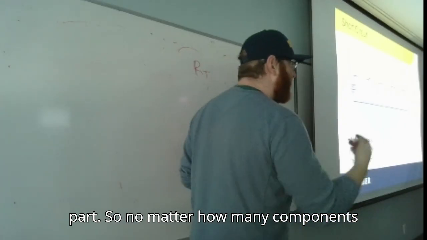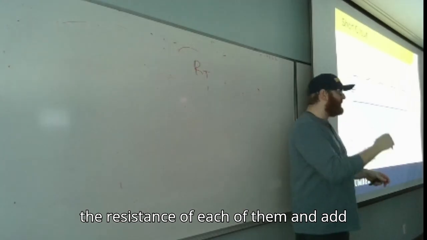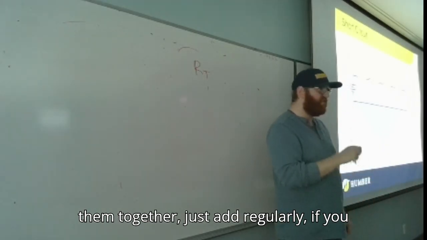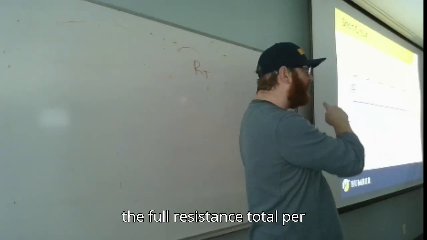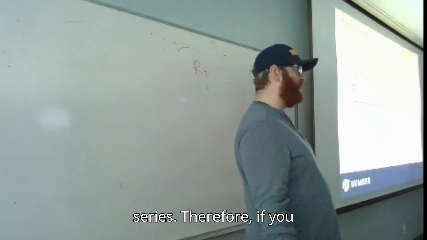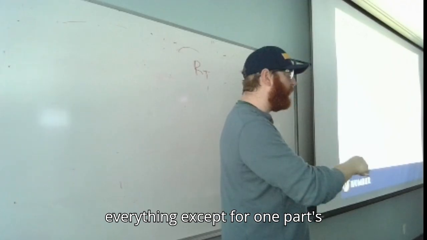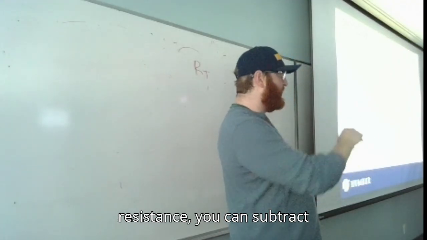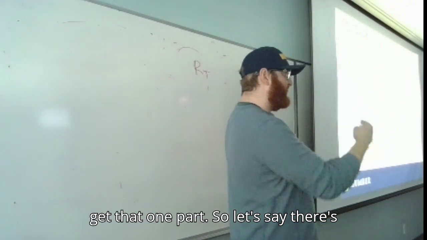So no matter how many components you have in a series circuit, if you take the resistance of each of them and add them together, just add regularly, you'll have the full resistance total for series. Therefore, if you have the resistance total and you have everything except for one part's resistance, you can subtract everything from the resistance total to get that one part.